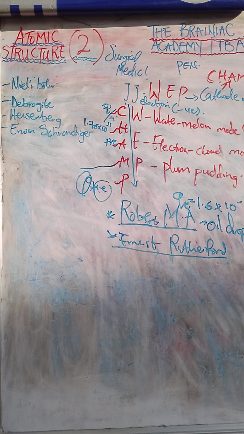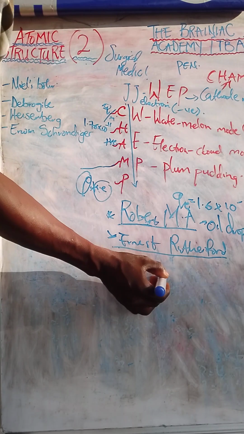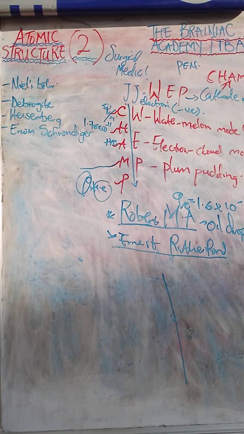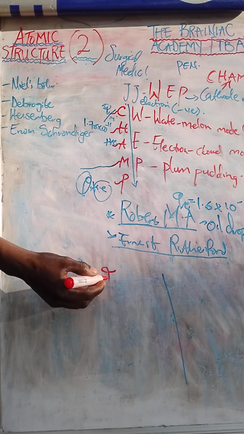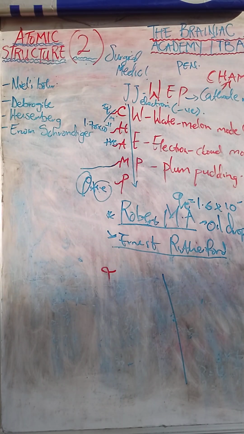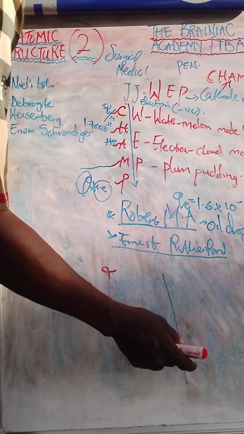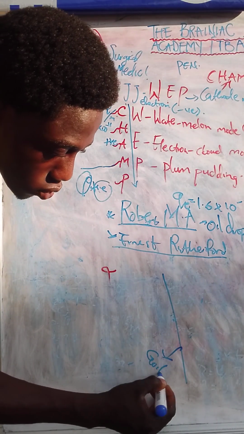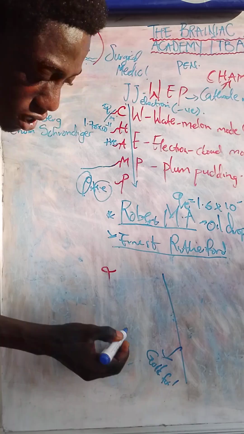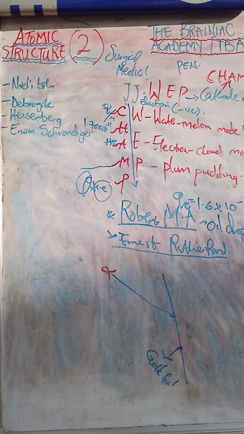Rutherford brought a thin gold foil, like this, and he bombarded this gold foil with alpha particles.